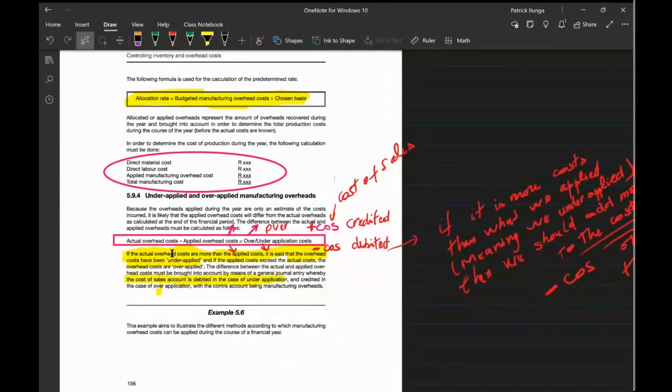So actual overhead cost minus the applied overhead cost gives you either an over or an under application of cost. And what do we do with that over and under application? We can either credit the cost of sale or debit the cost of sale. And I provide an explanation of this here in your textbook, and you can see.